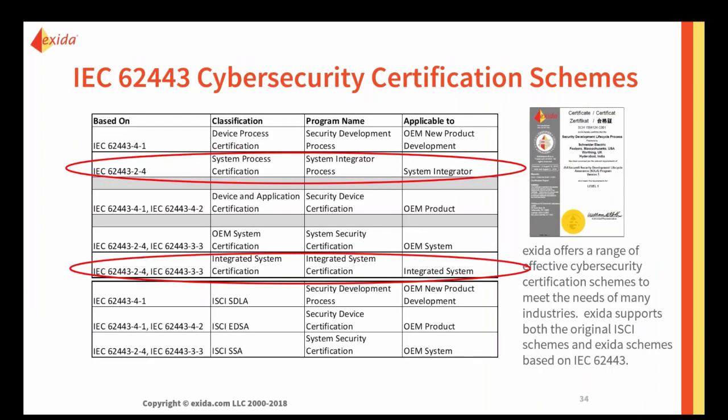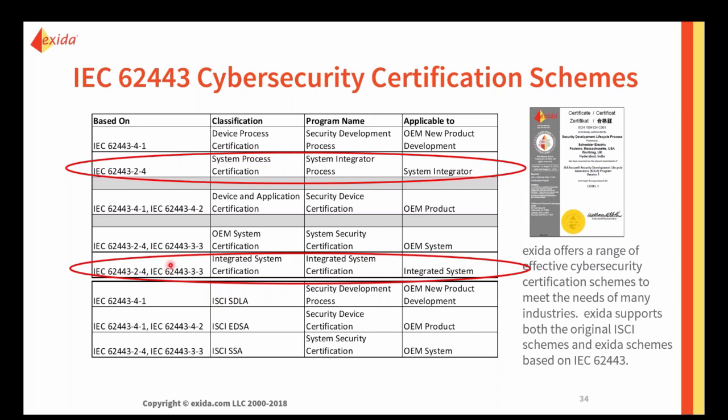When we look at where 2-4 applies to these security schemes, there are two main areas where it comes up. The first is system process certification, which is what we're focusing on in the webinar today: how you certify the security program and the actual processes that service providers follow. It also comes into play for integrated system certification, where, when they look at the overall system, they know that they've met their engineering and development process requirements.